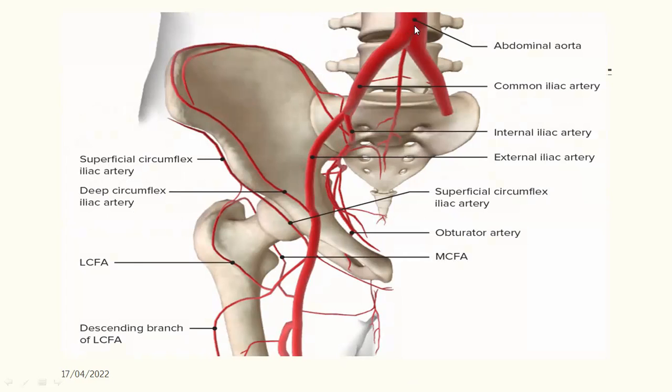Basically, the abdominal aorta divides into right and left and forms a network of arteries. This is the abdominal aorta, then the common iliac artery, internal iliac artery, then the external iliac artery, then the superficial circumflex iliac artery and the deep circumflex iliac artery. Then the circumflex femoral artery and its descending branch. Some are superficial, some are deep, and this is the obturator artery, which comes from the obturator foramen.